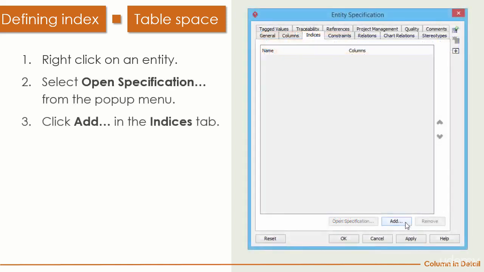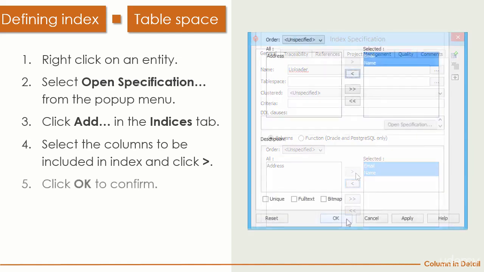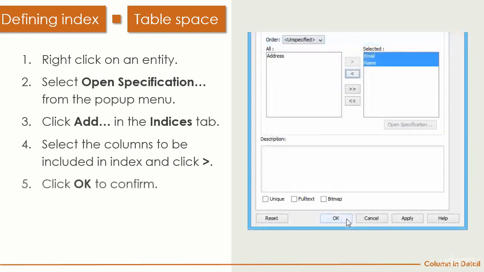After that, you go to the index tab in the specification dialog box and click the add button. After that, you can select which columns you want to be the index and move them to the right hand side. Left is all columns, right hand side is selected. Then click OK to confirm. Then you have set these columns to be the index.